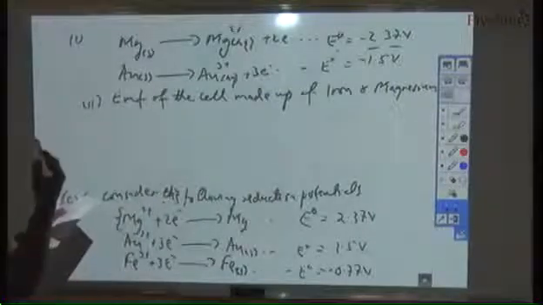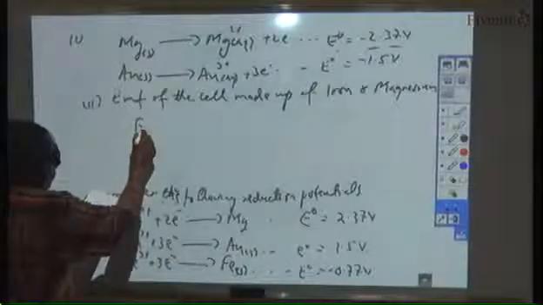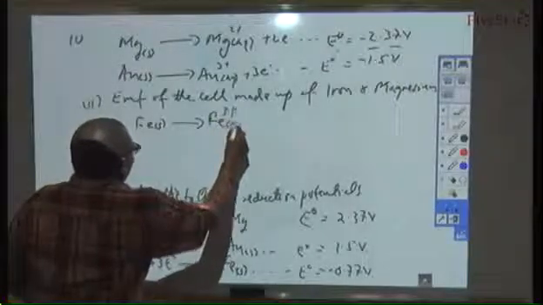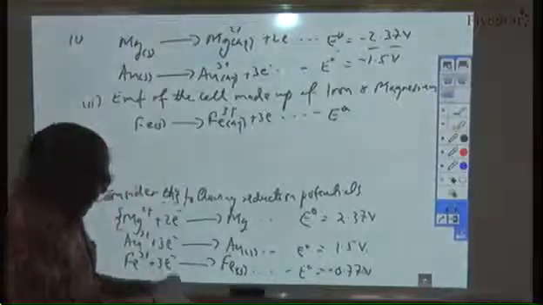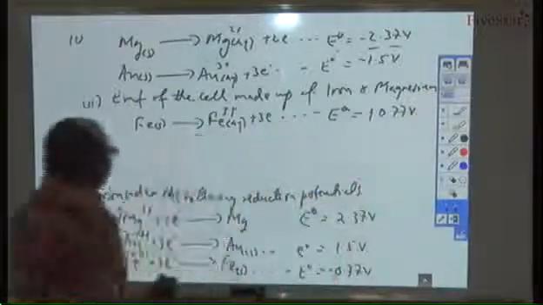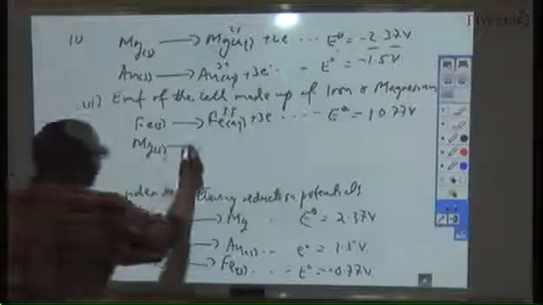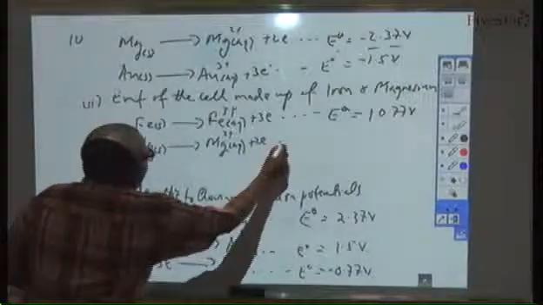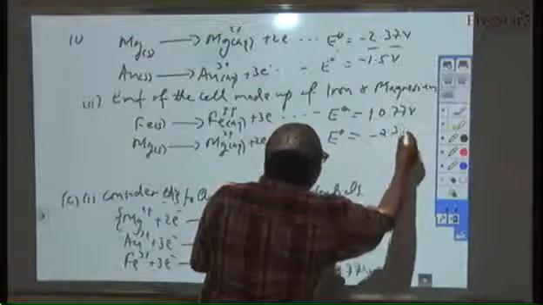So the oxidation potential for iron is positive and the oxidation potential for magnesium is minus 2.37.